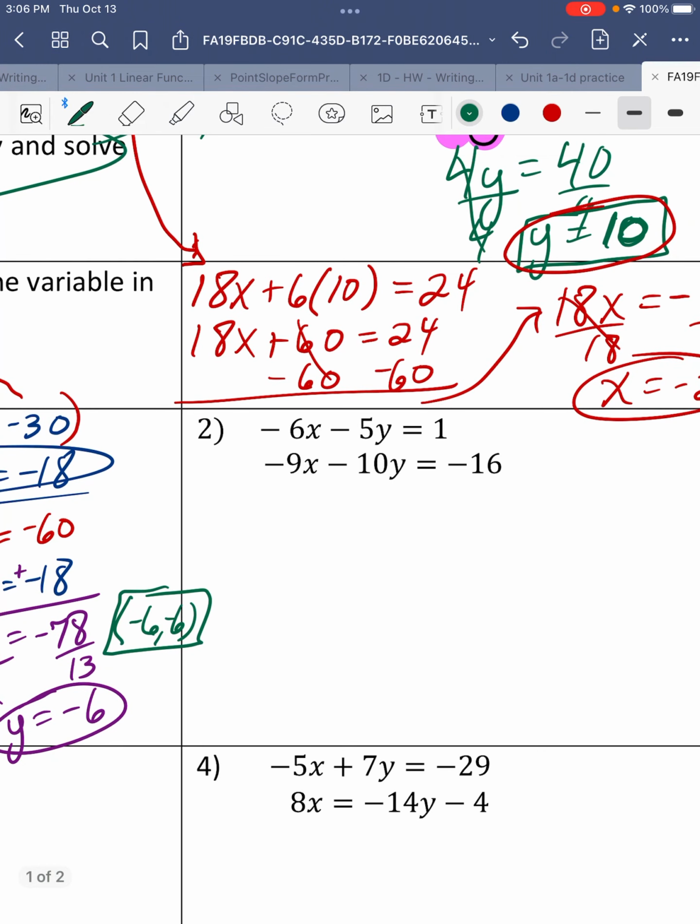All right, number 2. I already have them lined up vertically. The easiest thing to do is multiply the top equation by negative 2.